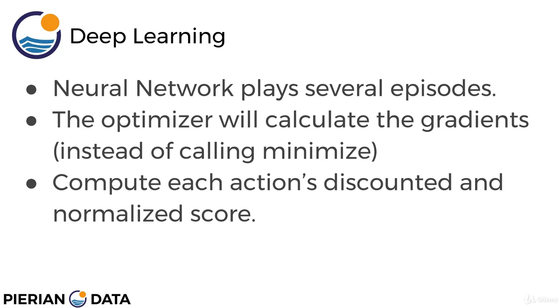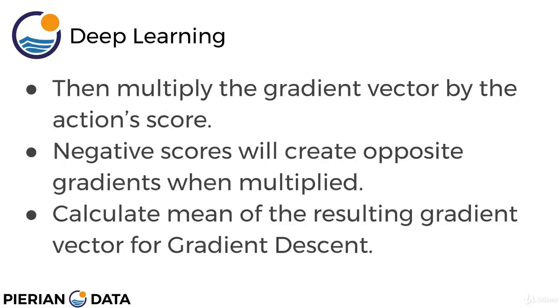Then we're going to compute each action's discounted and normalized score using the formula we just discussed. Then we multiply that gradient vector by that action's score, and negative scores will end up creating opposite gradients when multiplied. That allows the neural network to learn based off that policy gradient. We also want to calculate the mean of the resulting gradient vector to then perform gradient descent.